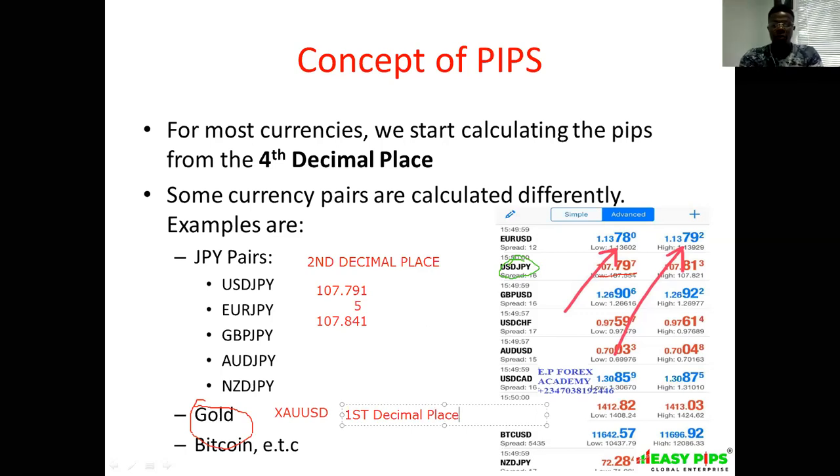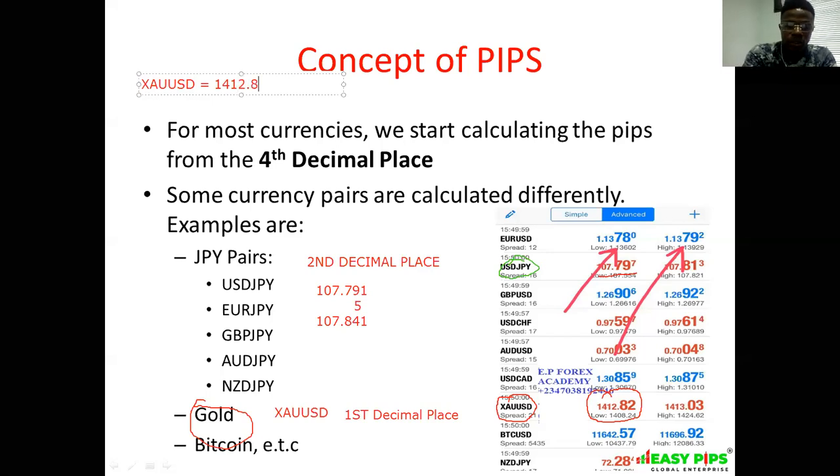Let me give you an example here. The value of gold, according to this screenshot, this is XAU USD right here. The value of gold here is 1412.82. And according to the pips calculation, we said you calculate from the first decimal place.